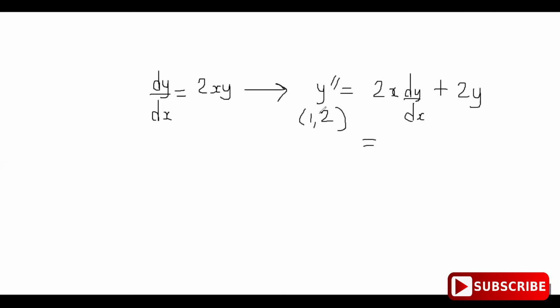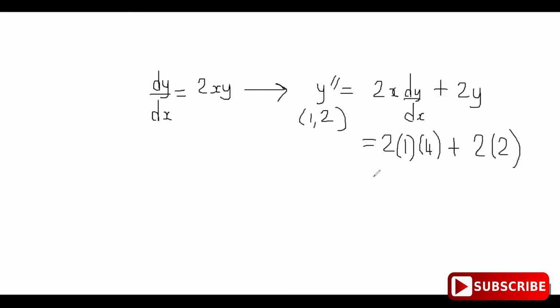So the second derivative at this point is 2 times x being 1. Now remember, dy by dx was 2xy. So if you put in 1, 2 right here, you get 2 times 1 times 2, which is 4. So dy by dx at that point is 4, plus 2 times y, which is 2 times 2.